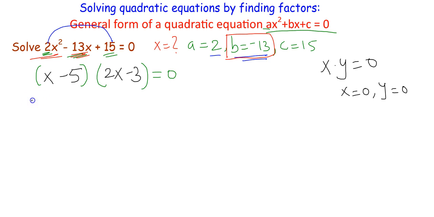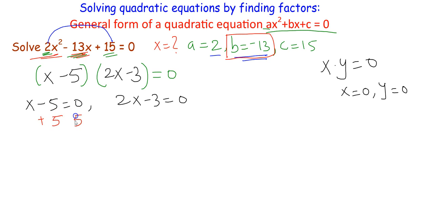So I can write either x minus 5 equal to 0 or 2x minus 3 equal to 0. After writing this, we have to solve for x. Now, both of them are linear equations, which is the easiest part here in this problem.